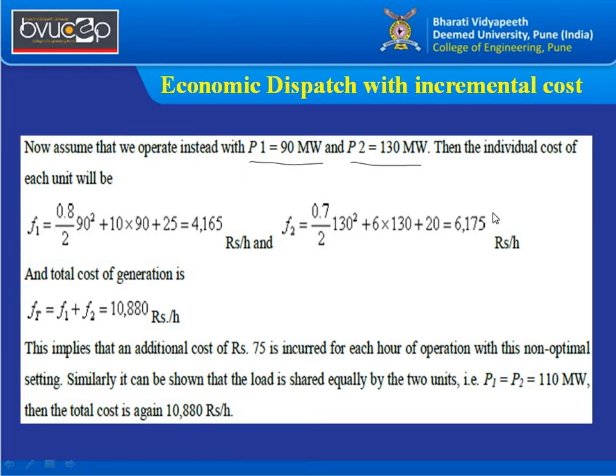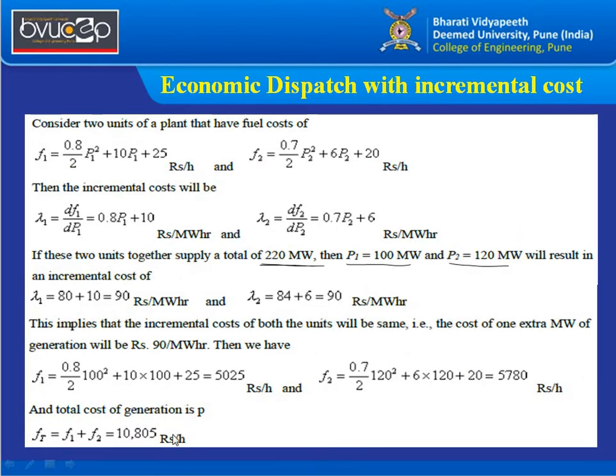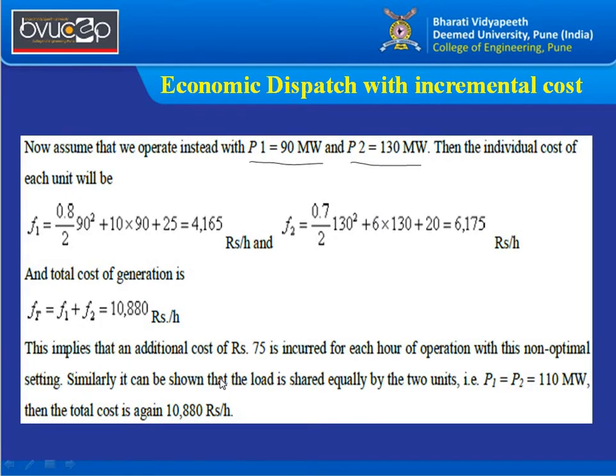So when we have this non-optimal setting, we have to bear an additional cost of 75 rupees. Rather, if we implement the optimal condition, we will have reduced 75. So this is the process by which we keep optimizing the result till the case when this cost is minimum. So that is what the objective function is.